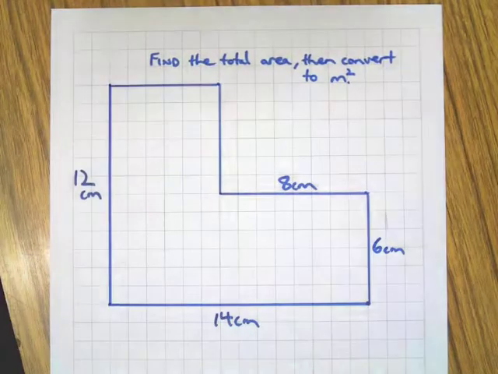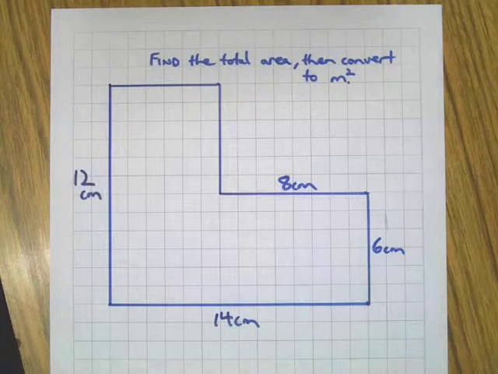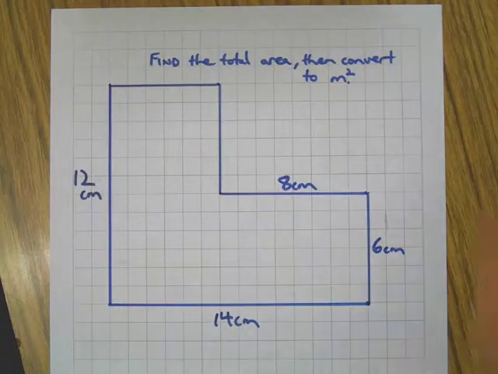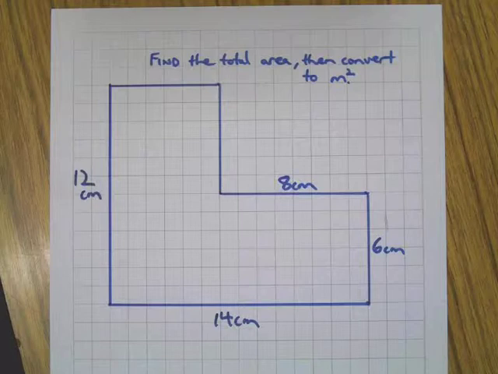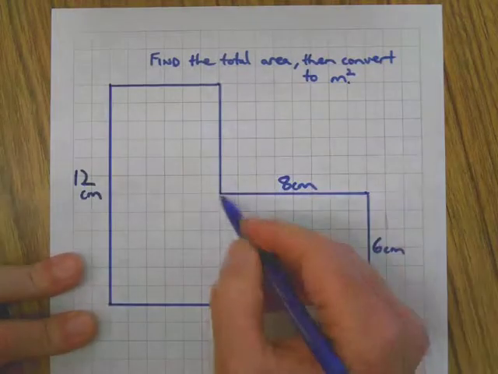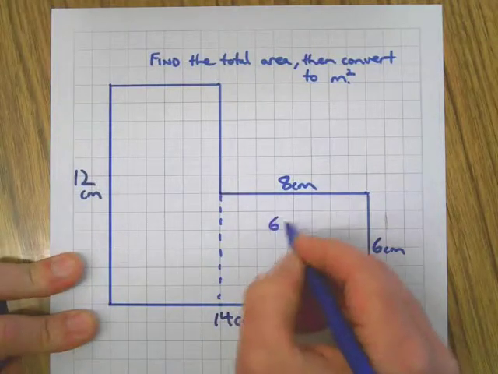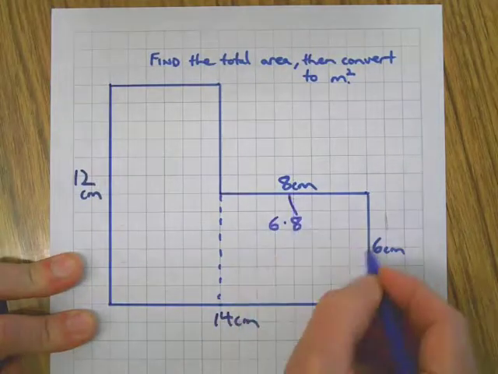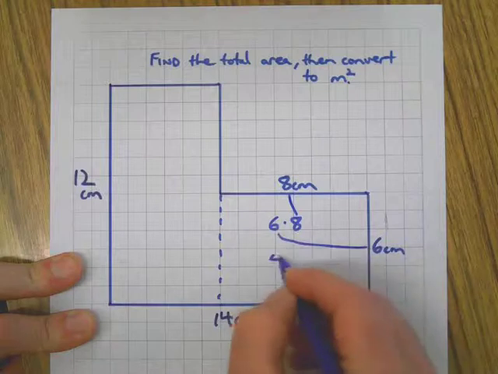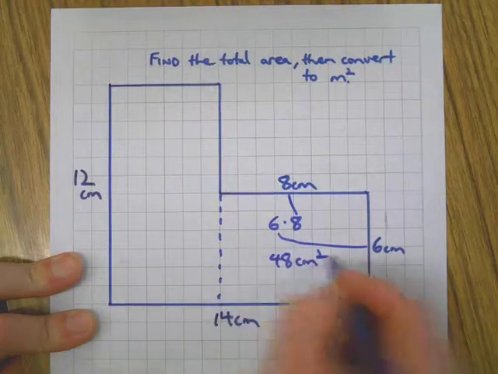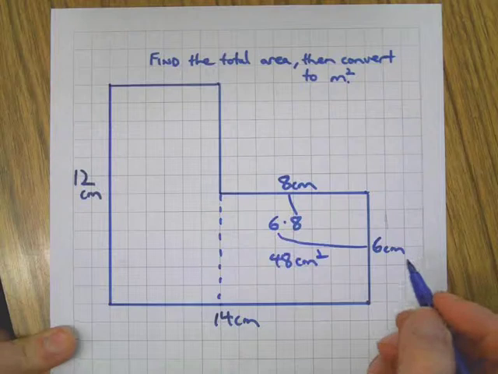Let's go ahead and find the area. We'll find the area together because the point of this is how are we going to convert this thing? First of all, I'm just going to break this into 2 small shapes. This one's going to be 6 times 8, right? There's my 8, there's my 6. So I get 48 there.